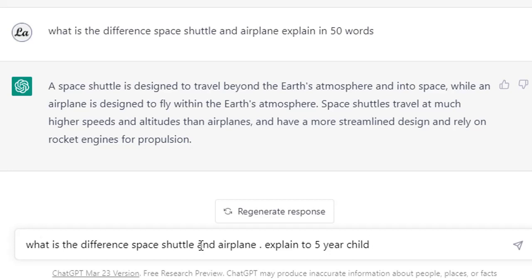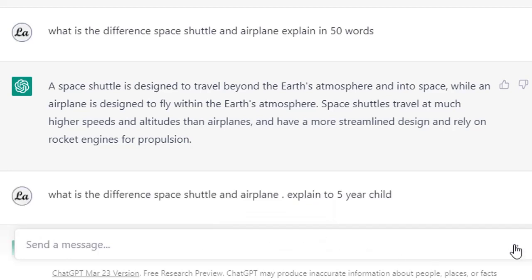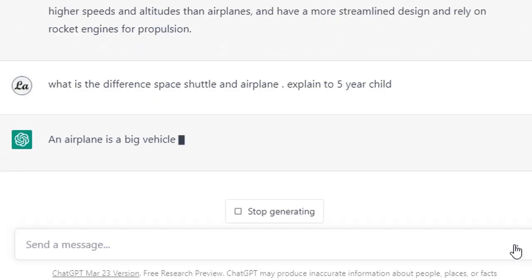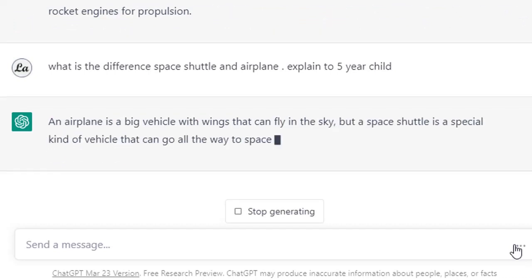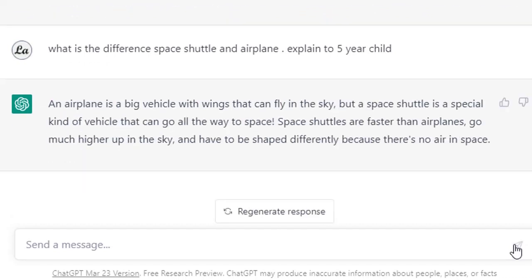Explain to a 5-year child. Now we check the answer. Now the answer is in very simple words.